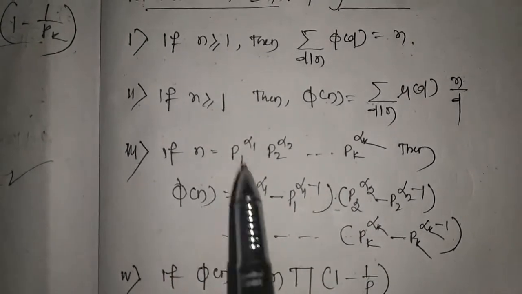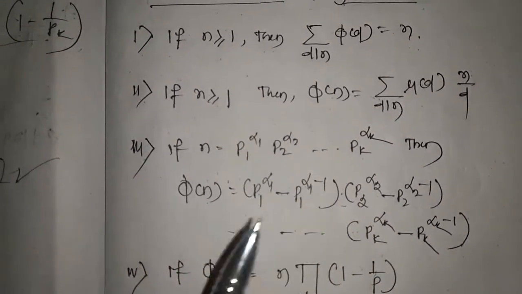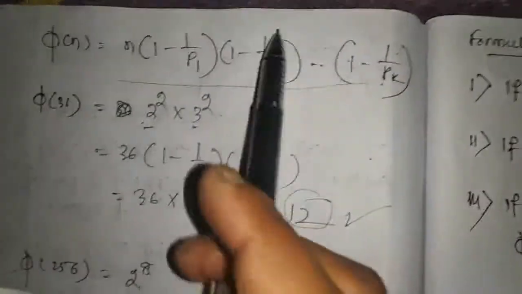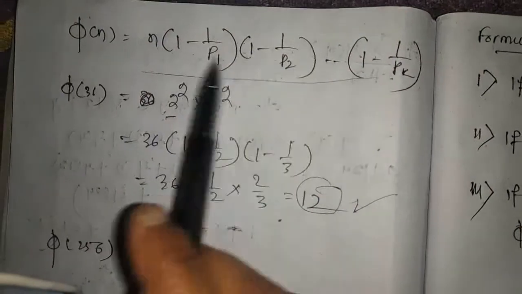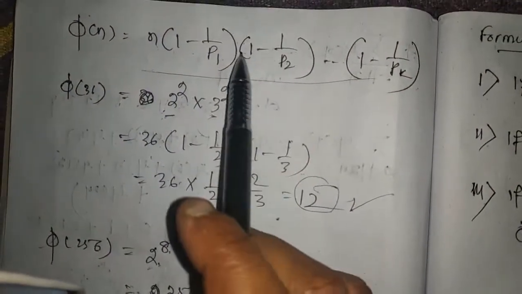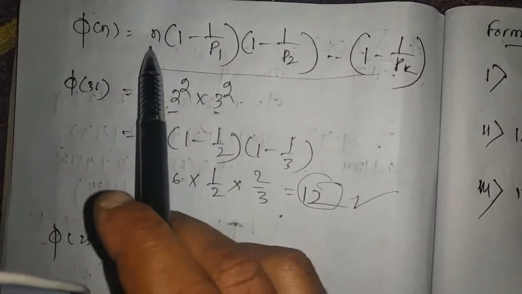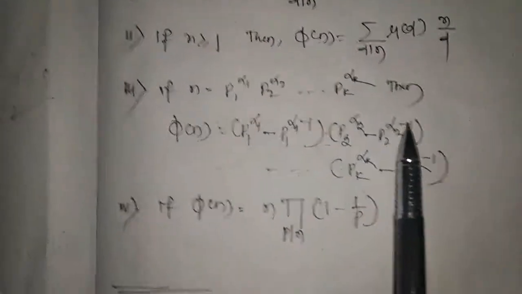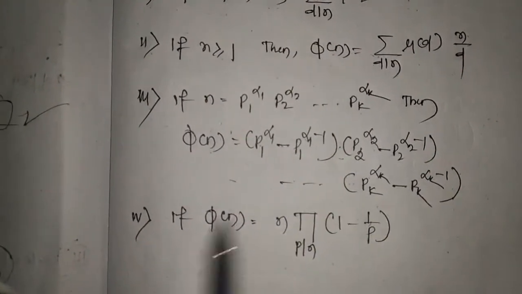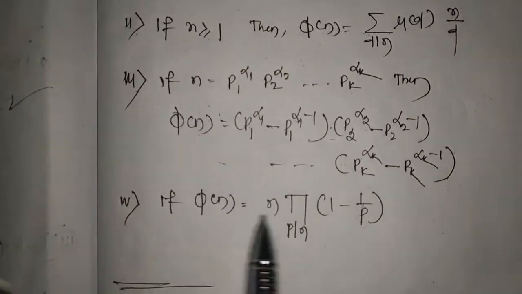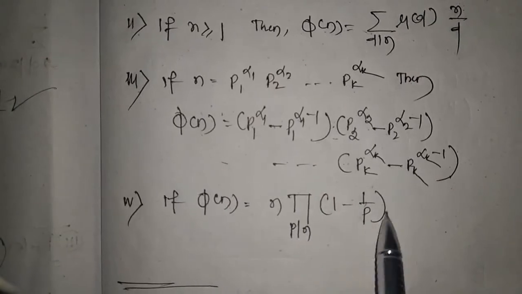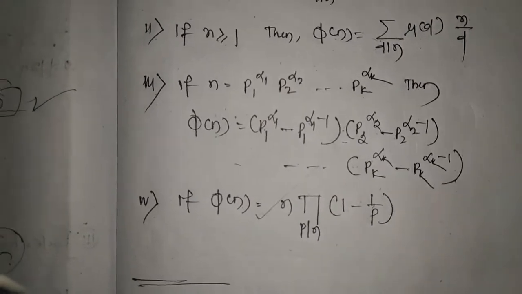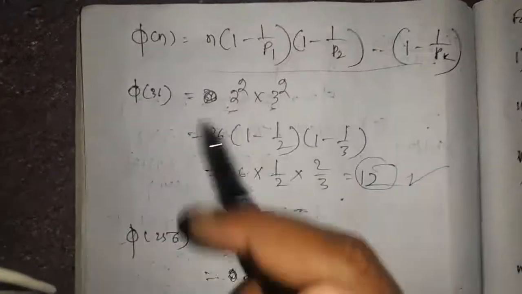All this can be proved from this formula. We will discuss all this in the next video. Phi n can also be written as n into the product of 1 minus 1 by p.